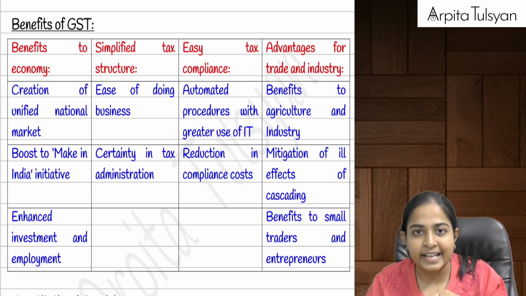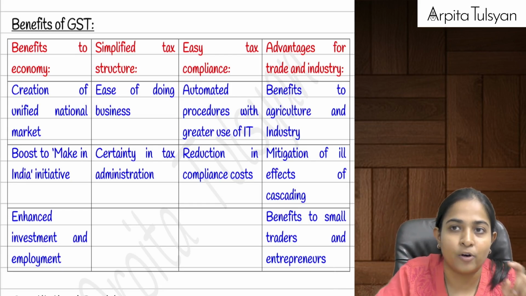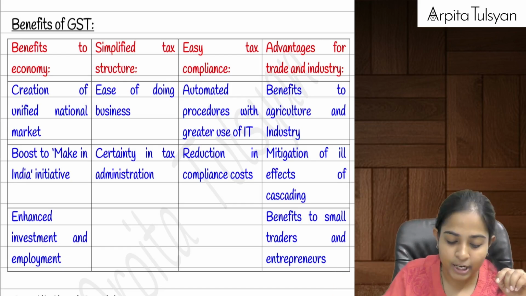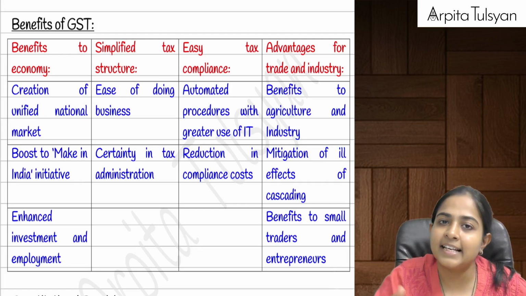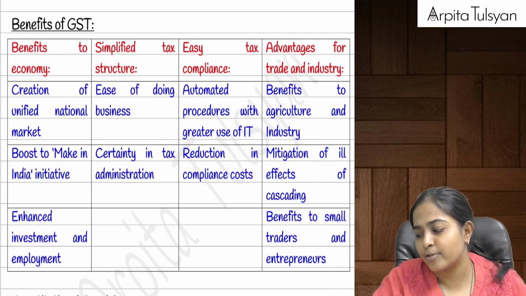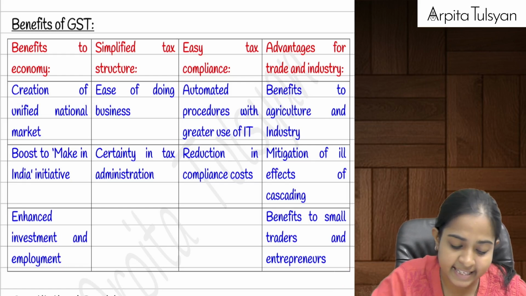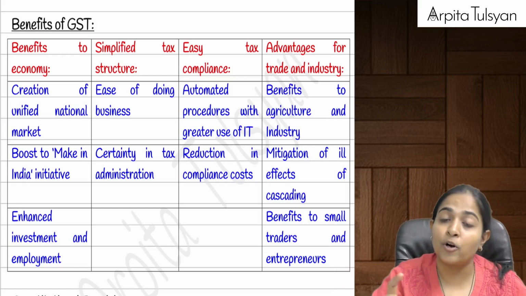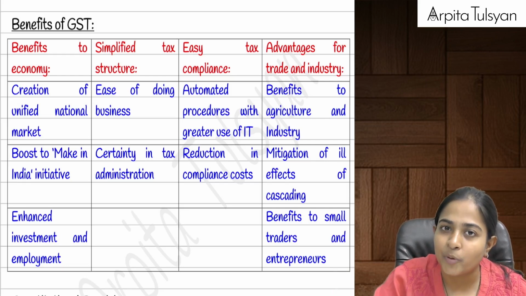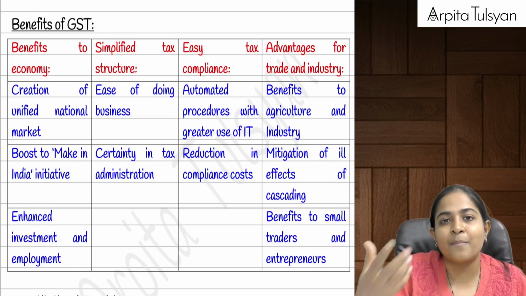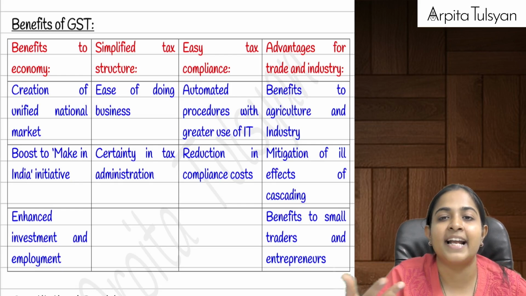If credits are available, then it will also impact my cost; it will reduce my cost. Then this entire GST system is now online. You have to file all the returns online, make the payment of taxes online, etc. Because of information technology usage, everything has become automated. If I show it as my sales, then it automatically gets reflected as your purchases.